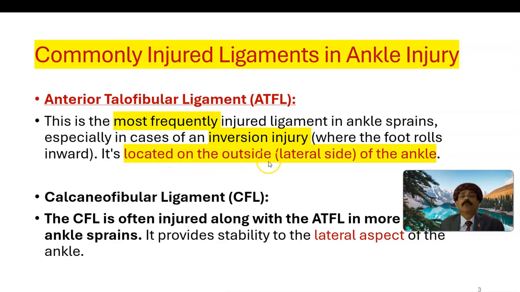It is located on the outside, lateral side of the ankle. Then the calcaneofibular ligament is often injured along with the anterior talofibular ligament in more severe ankle sprains. It provides stability to the lateral aspect of the ankle.